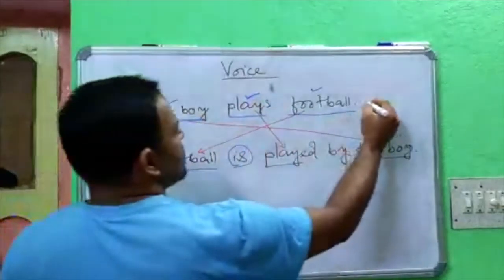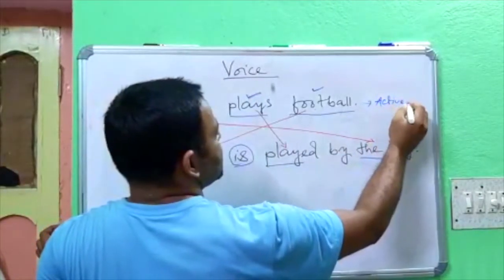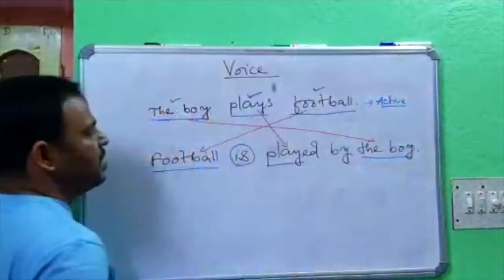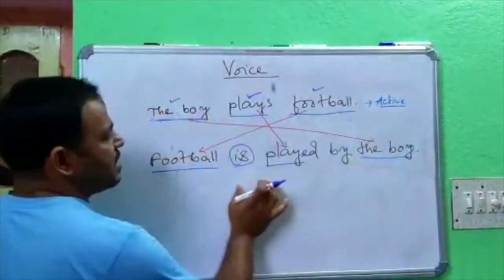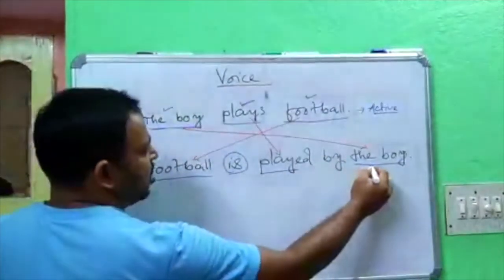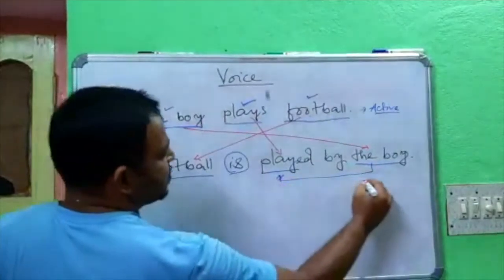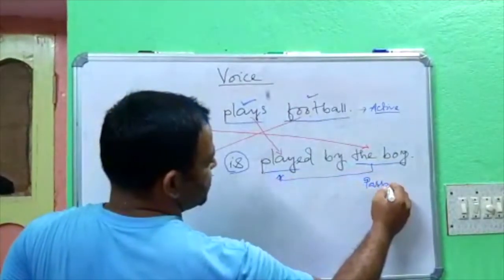That is, the subject is active here, so the voice is active voice. Here, in this sentence, we have found out that the subject acts indirectly, that is, is acted upon. So, this is passive voice.